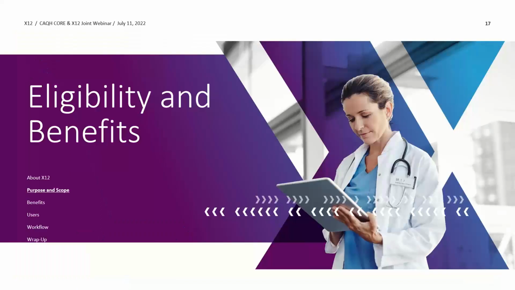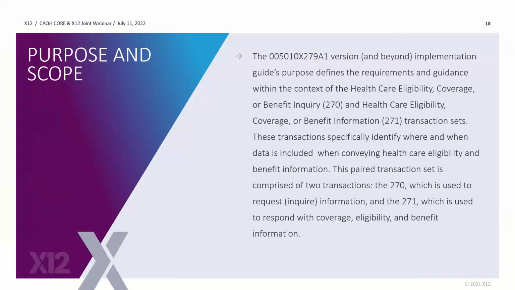So now we'll get into the eligibility and benefits transaction. This will be quite simple, so I probably will only spend a few minutes discussing it. First, I want to talk about the purpose and scope of what I call the E&B transaction. Right now, currently, the mandated version under HIPAA is the 5010 X279A1.